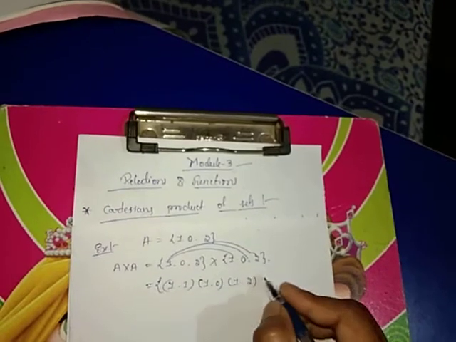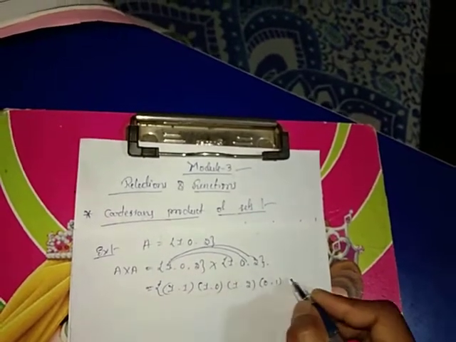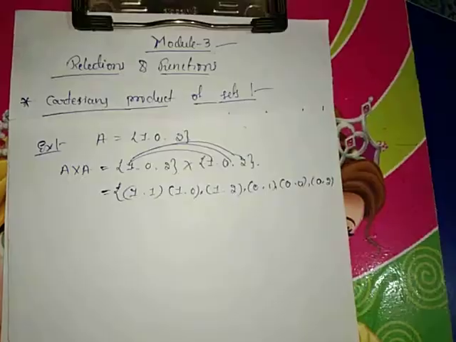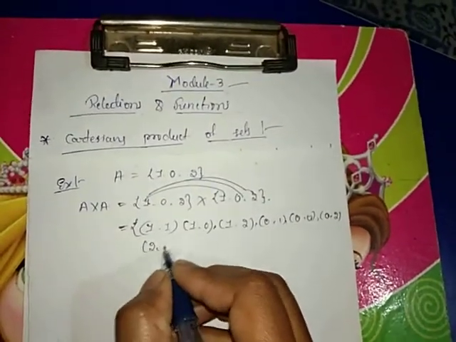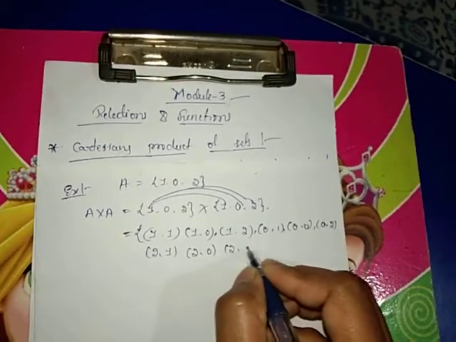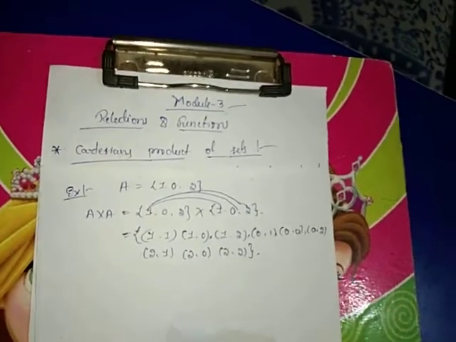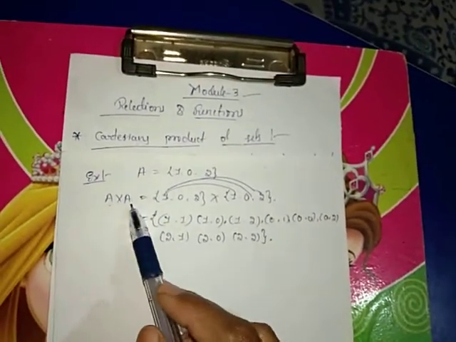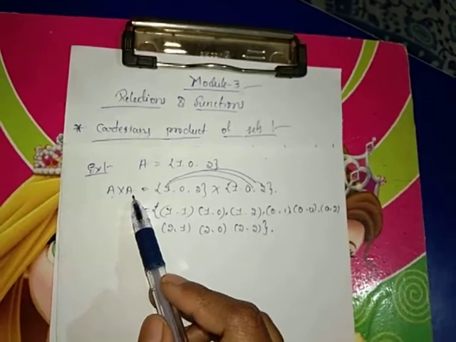Next (0, 1), (0, 0), (0, 2). And next (2, 1), (2, 0), (2, 2). So that is all possible ordered pairs of the elements of A and A.